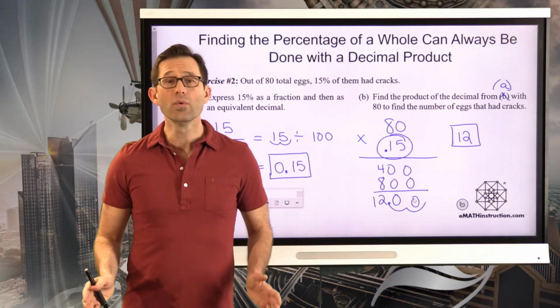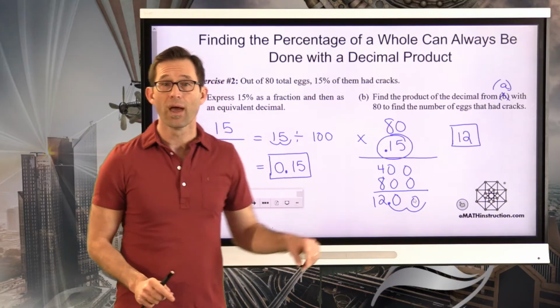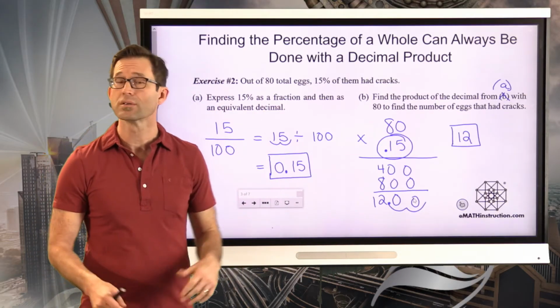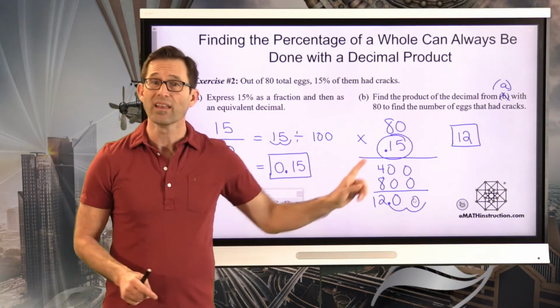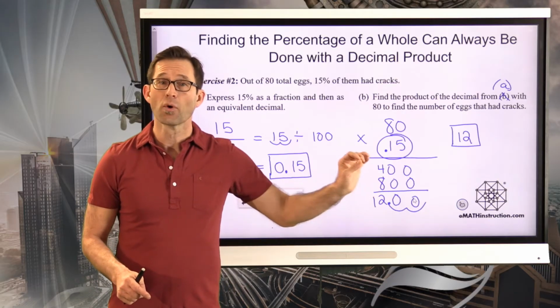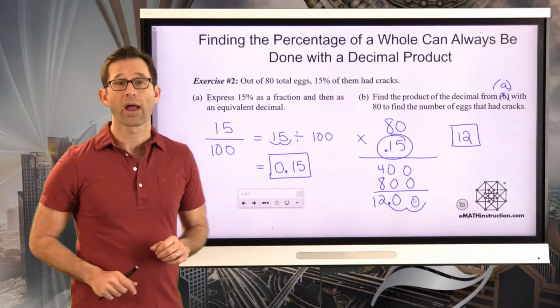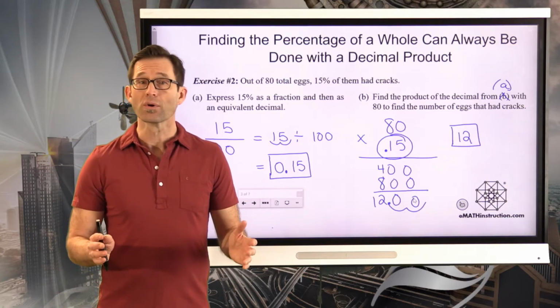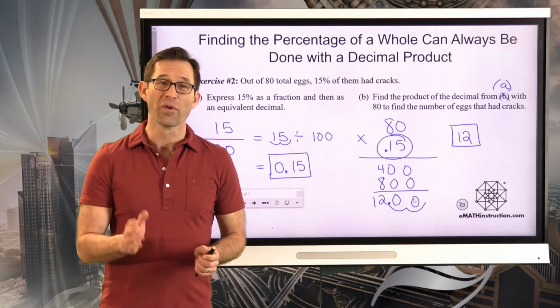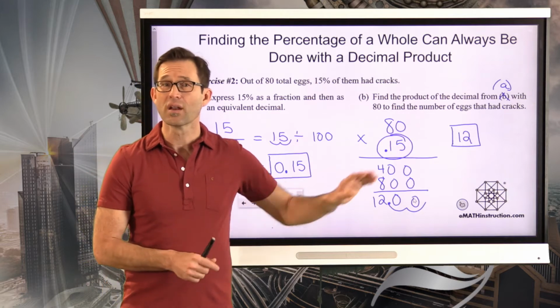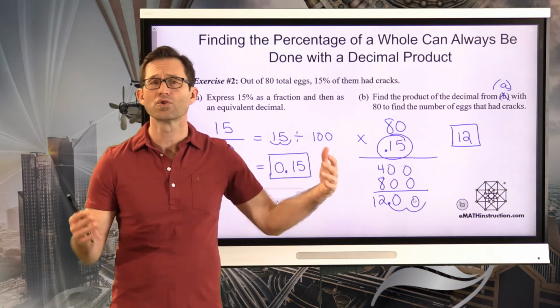Now, could we do this by taking the 80 and multiplying by 15/100ths? Absolutely. By the way, that is what we did. We just multiplied by 15/100ths in its decimal form instead of its fraction form. All right? And of course, starting in the next lesson, when we've got our calculators, this is going to be our preferred way of doing it because it's just fast.